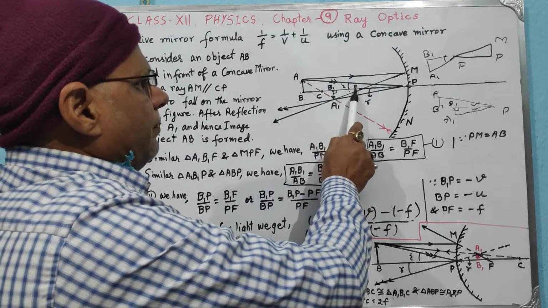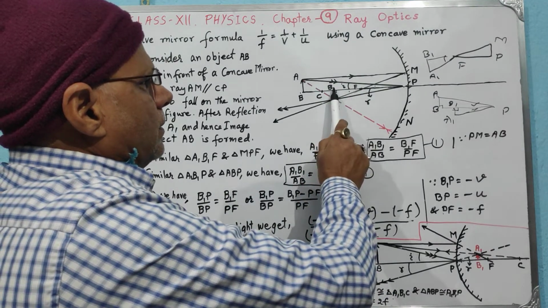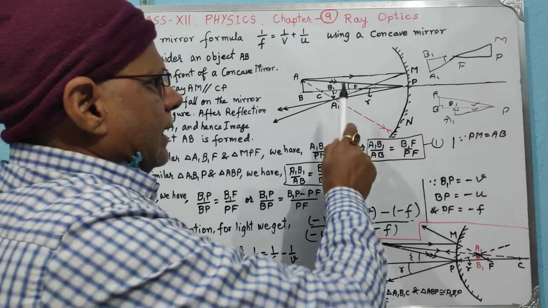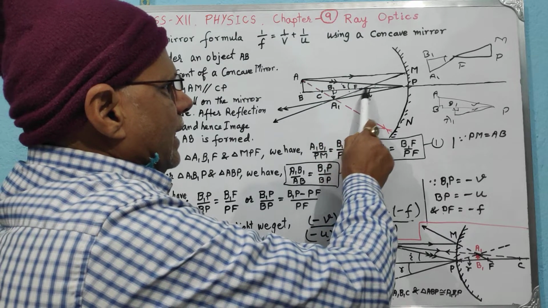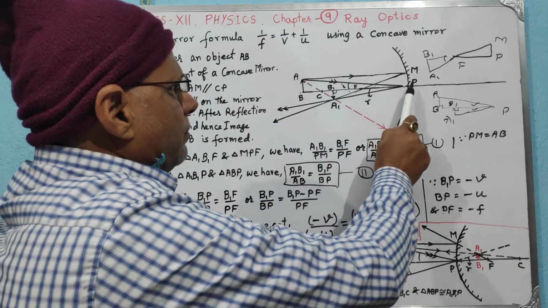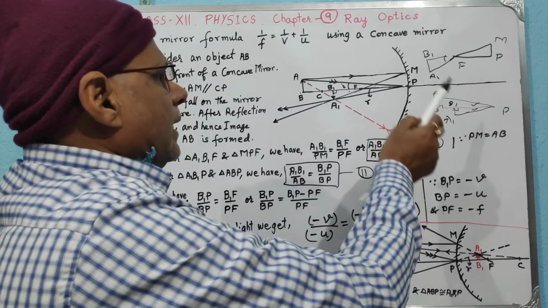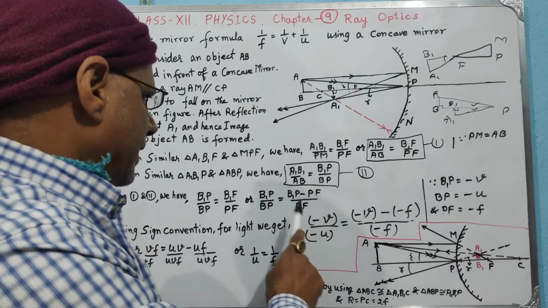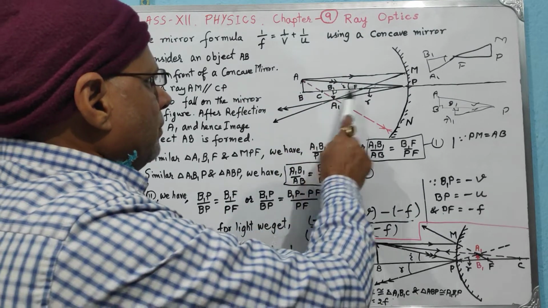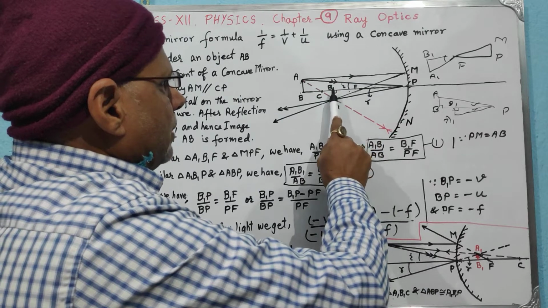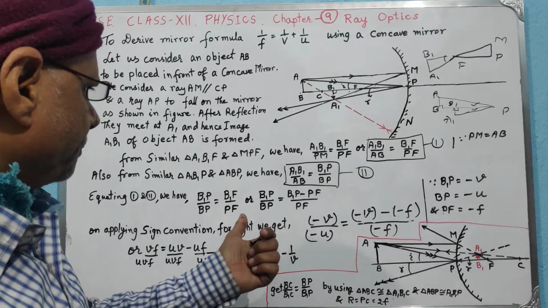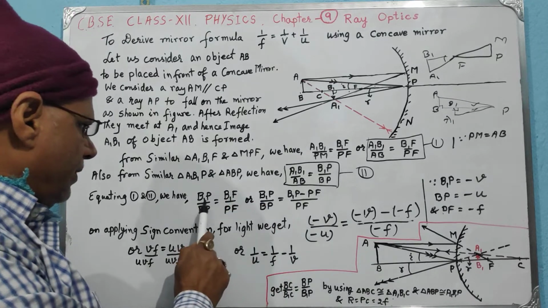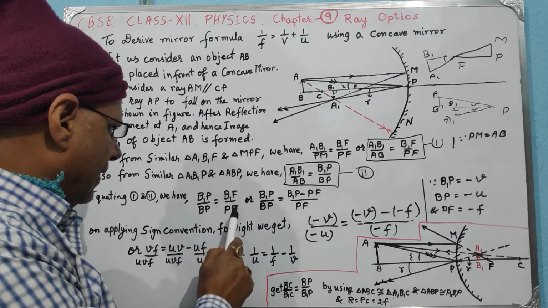You see B1F is the distance between B1 and F, that we can alter and write equal to, we add FP in it, so it becomes B1P, and subtract. So B1P by BP is equal to B1F by PF.